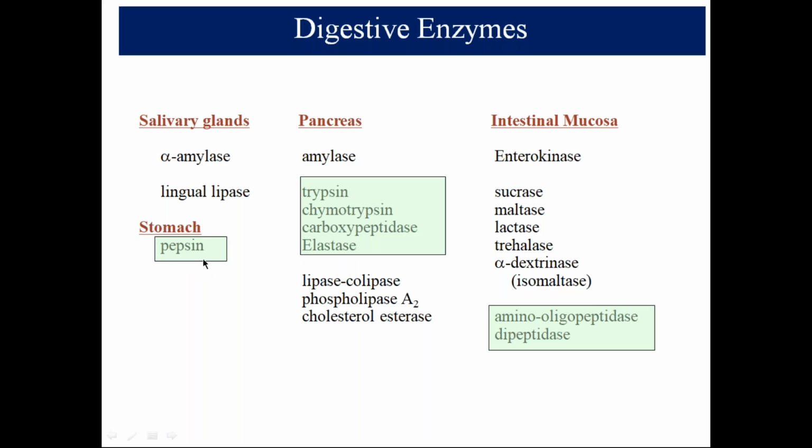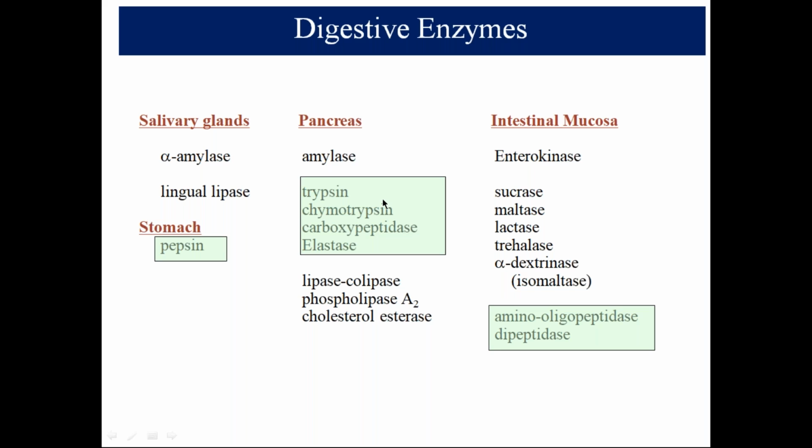These are showing you the proteolytic enzymes. Now, no proteolytic enzyme is secreted from the salivary glands. In the stomach, it is the pepsin which is secreted in the inactive form pepsinogen. Then in the pancreas, you have again the proteolytic enzymes which are secreted in the pro forms and activated in the presence of trypsin.